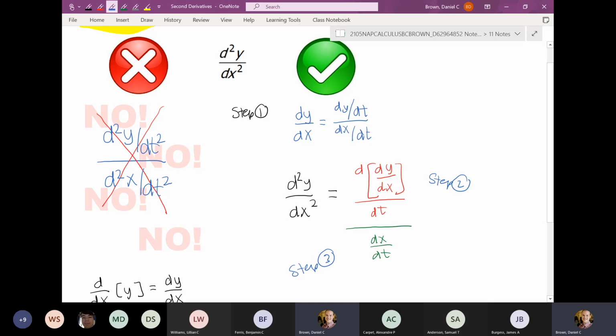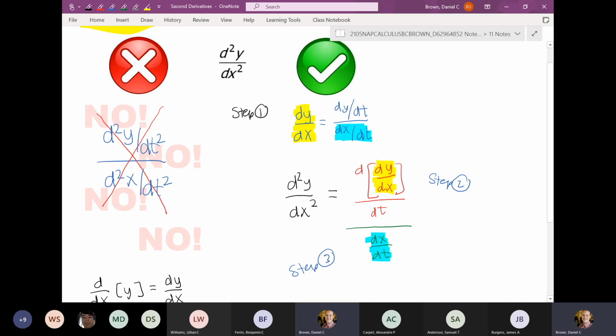Again, don't get confused by that squared notation. So here's the dy/dx you'll find. You'll take the derivative of it with respect to t. It will be in terms of t. And then you're going to divide it by dx/dt because it's still going to be with respect to x in how we think about it.